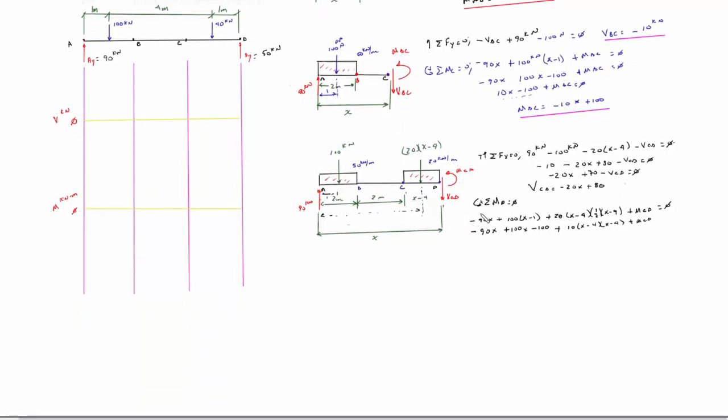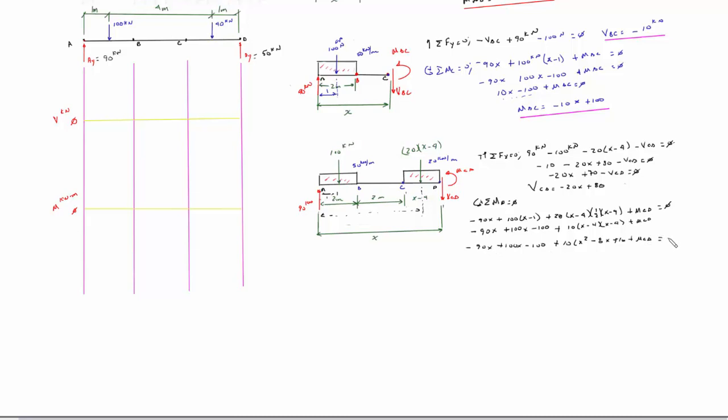So here I'm going to have, let's just do this. This is going to be 10 times x squared minus 8x plus 16, plus MCD minus 100 plus 100x minus 90x.